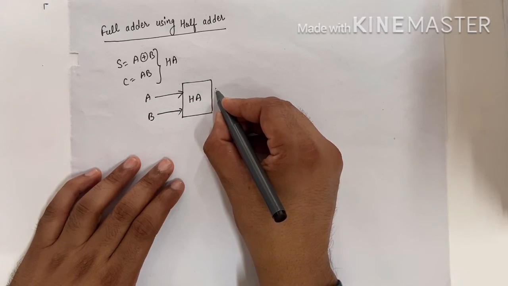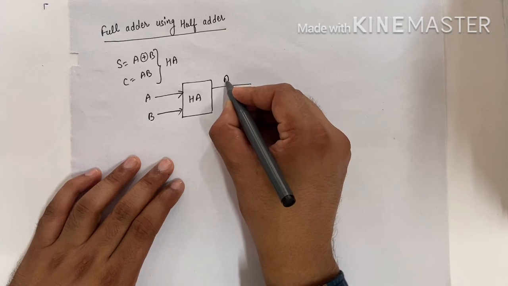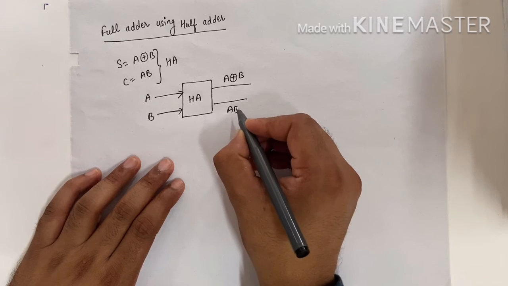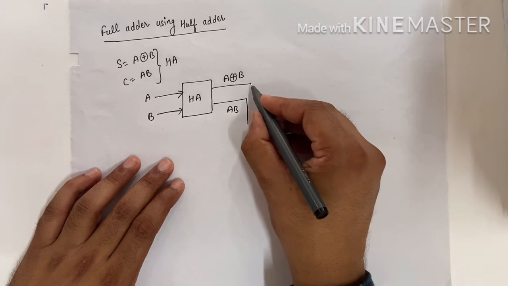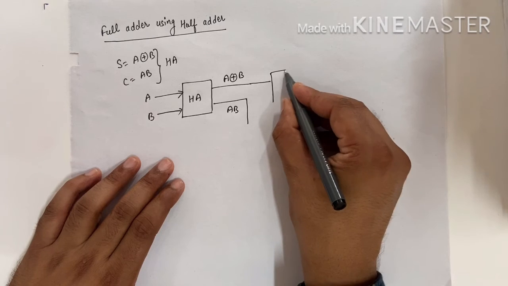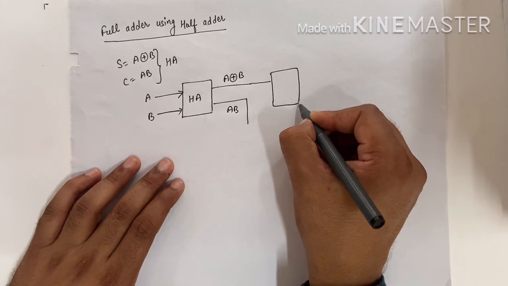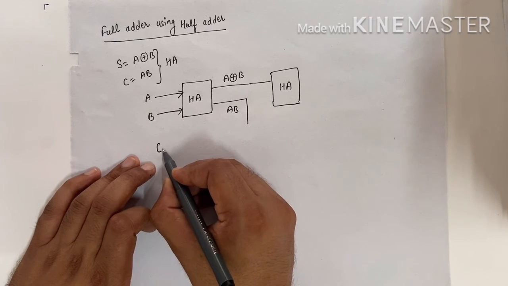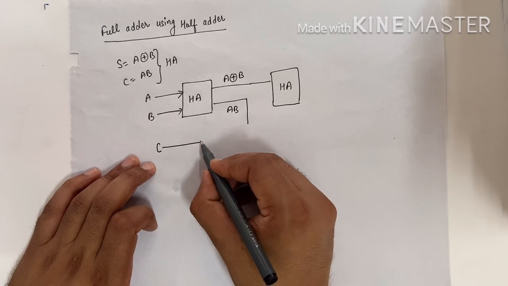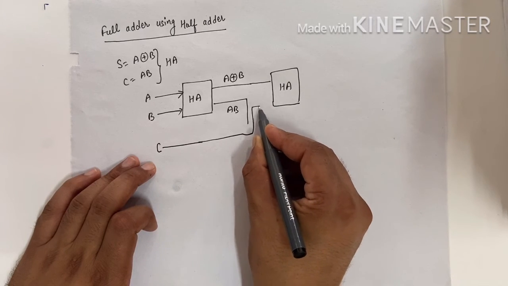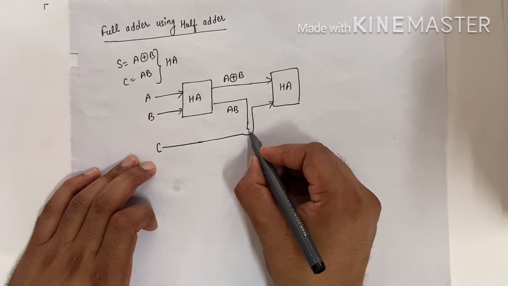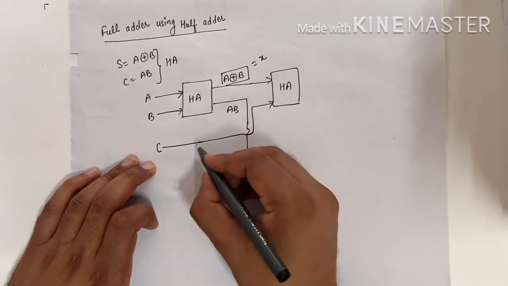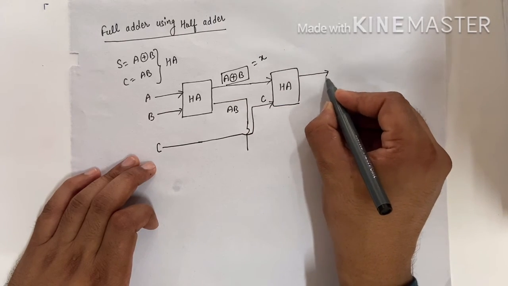Okay, so we can get A XOR B and here we can get A and B. Now if we apply this A XOR B in the second half adder, and we can consider another input C from here in this way. So here we can consider X and C, and we can get sum here.